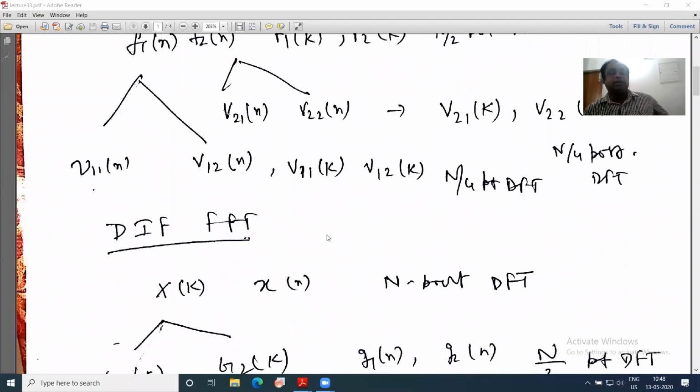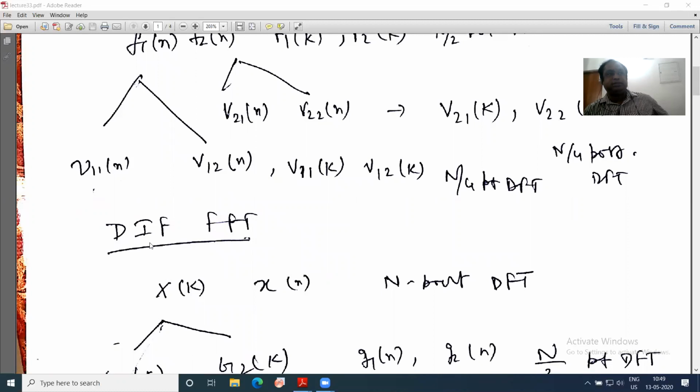Now moving ahead with the DIF-FFT algorithm, decimation in frequency. Frequency is also discrete, right? In DFT or FFT, whatever you call it, frequency is also discrete. This is the difference between DFT and DTFT.